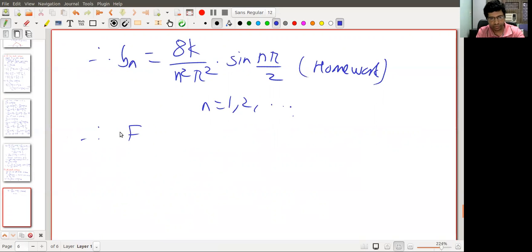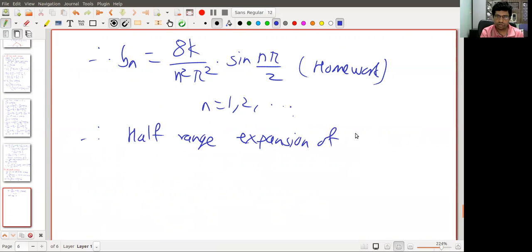Okay, so therefore half range expansion of f, that is nothing but Fourier sine series of f2.